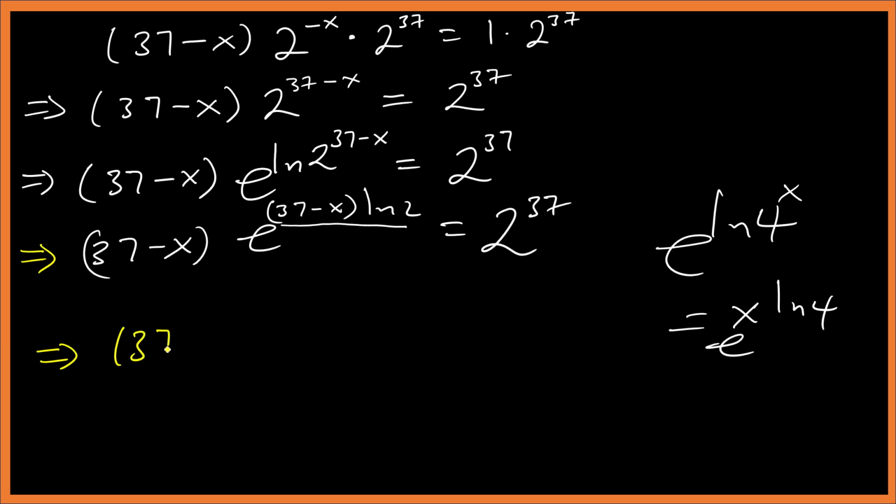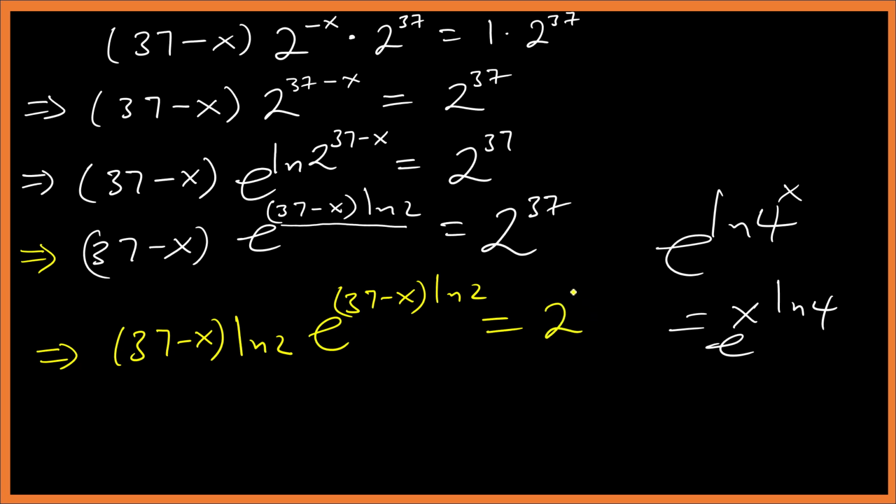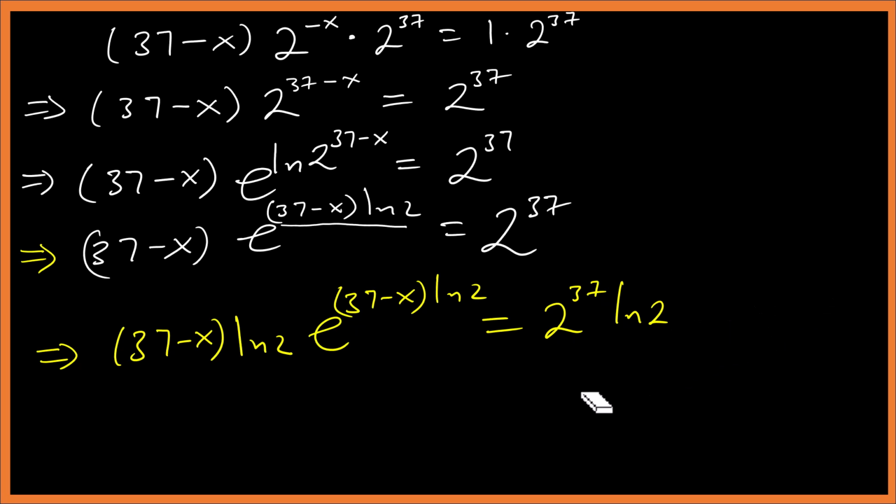So 37 minus x times ln of 2, okay? So we have e raised to 37 minus x ln of 2 times 2 to the power 37 ln of 2. Okay. So with this, we can go ahead and take the Lambert W function here.